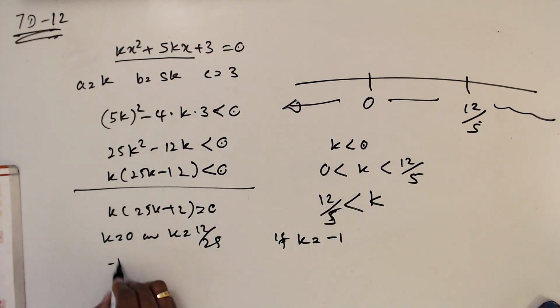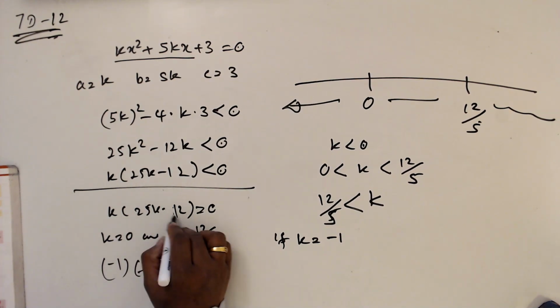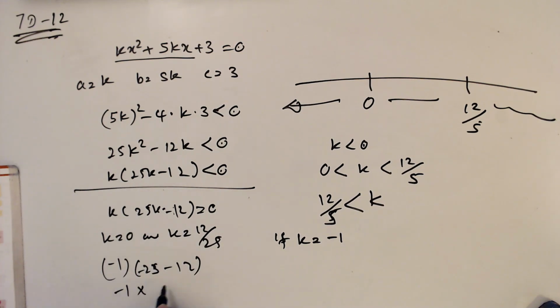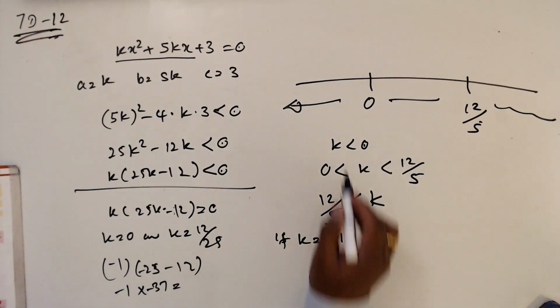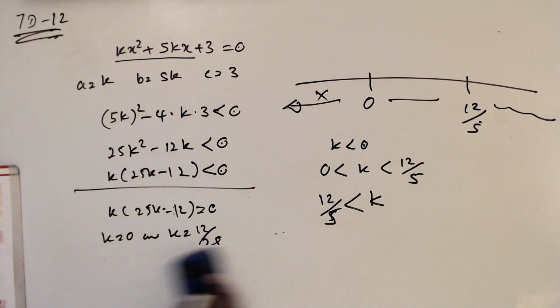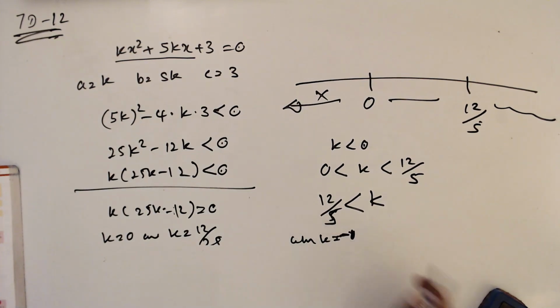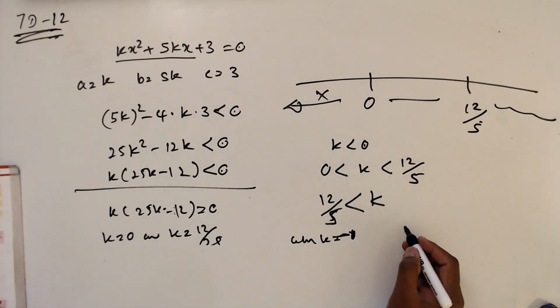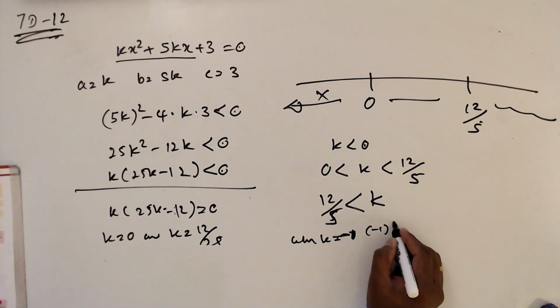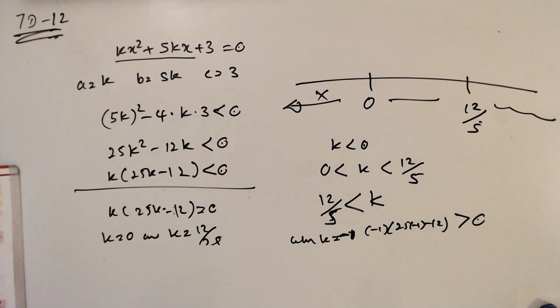This is going to be minus 1 times (minus 25 minus 12), then this is minus 1 times minus 37, minus times minus is positive. So this area doesn't work. When k equals minus 1, it is greater than 0.